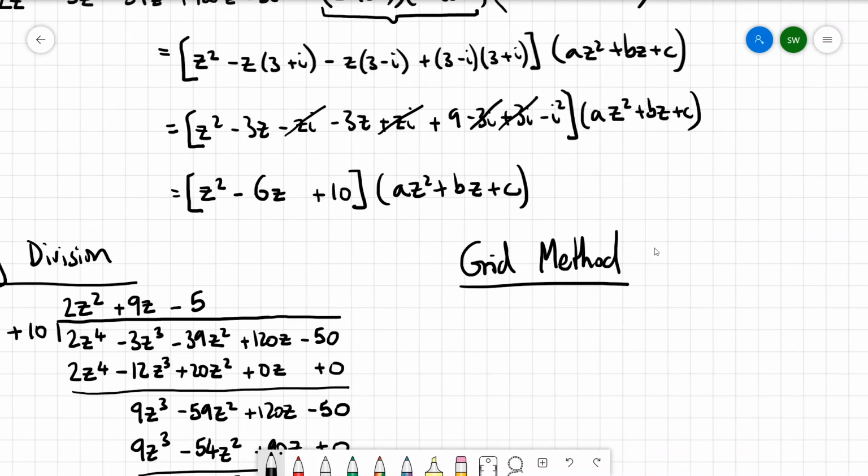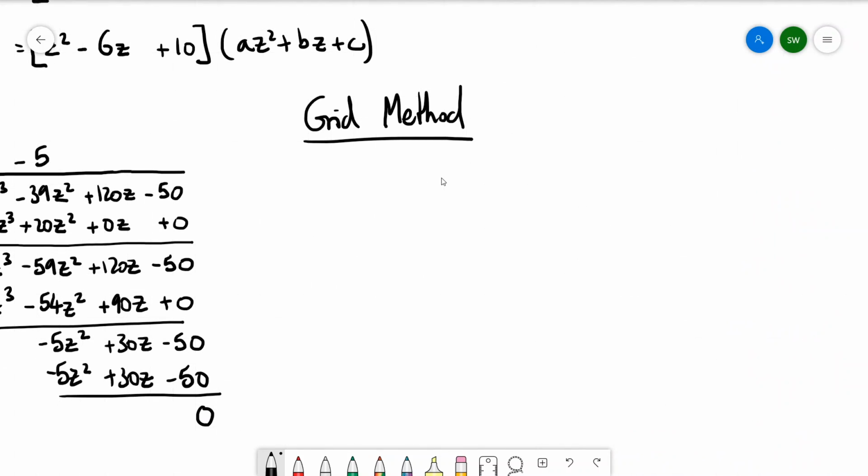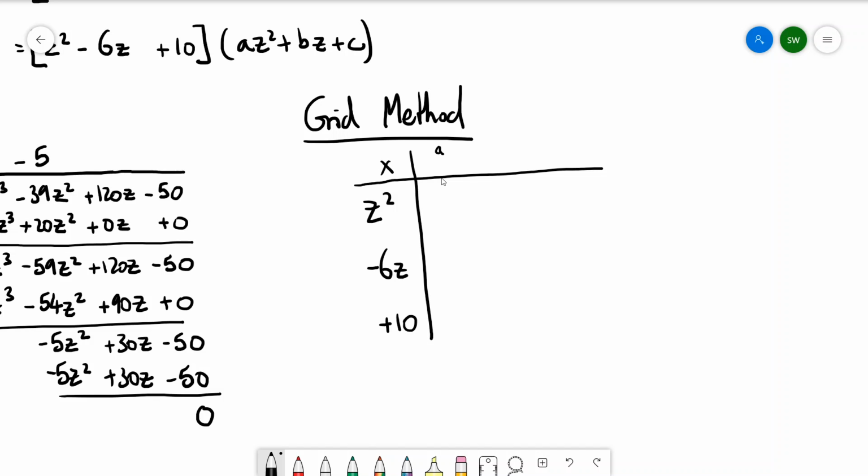So with the grid method, we're saying we want to do this quadratic times this unknown quadratic to end up with this quartic. So let's say this quadratic multiplied by this unknown quadratic, az squared plus bz plus c.